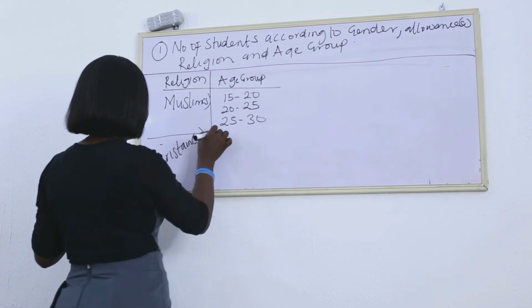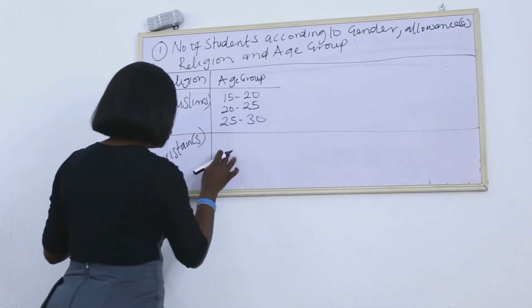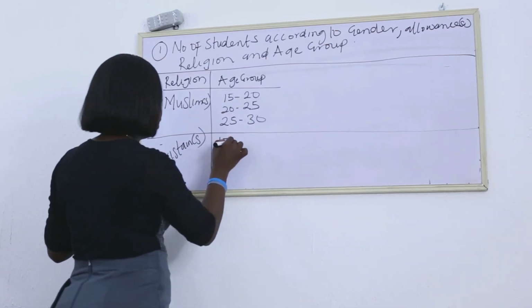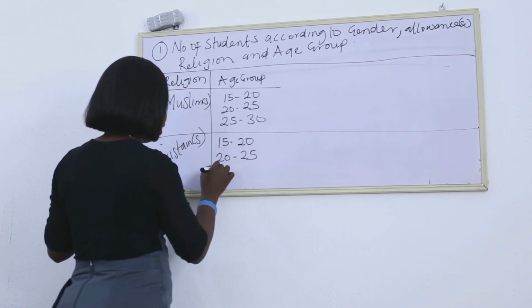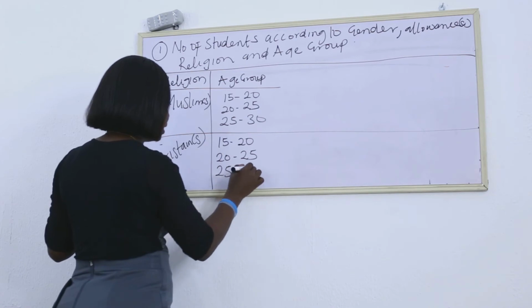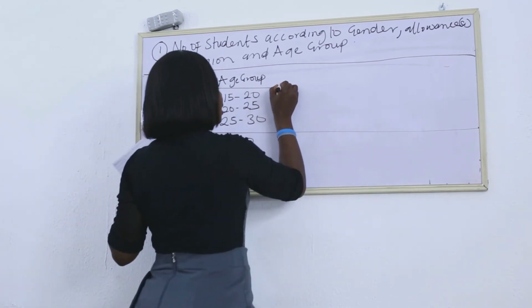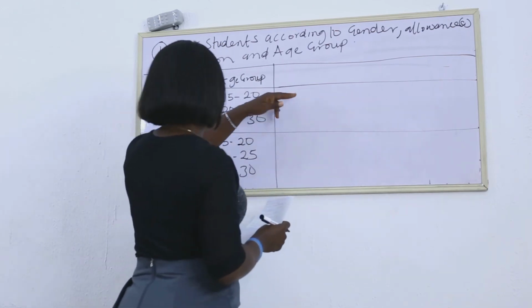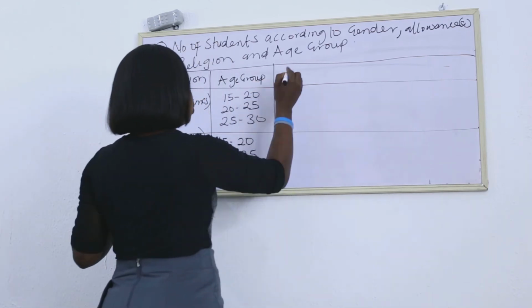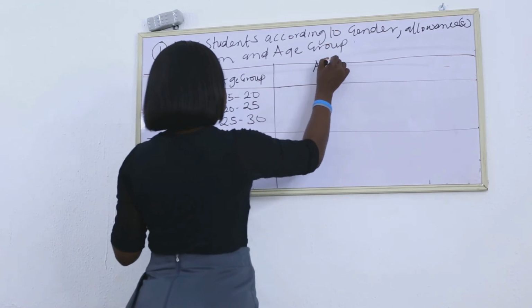Don't forget, since they are different religions, it's going to be further represented down. Then the next thing I'm going to be representing here is the allowance that each of the students gets. So I'm going to write allowance here.